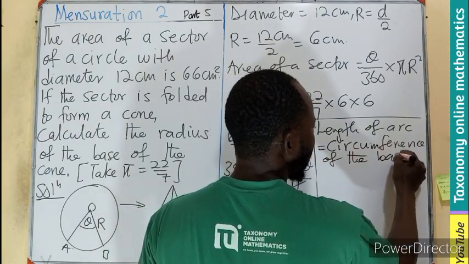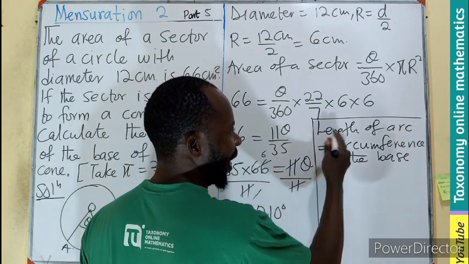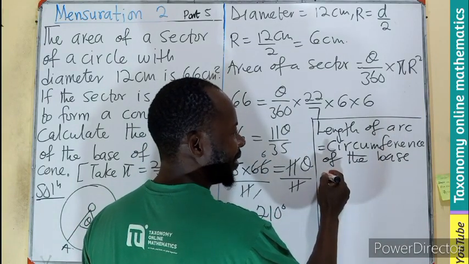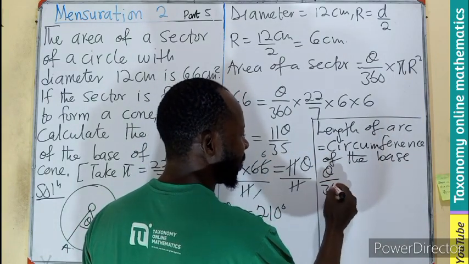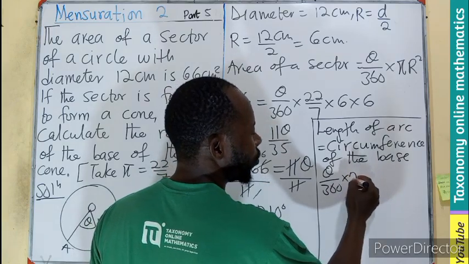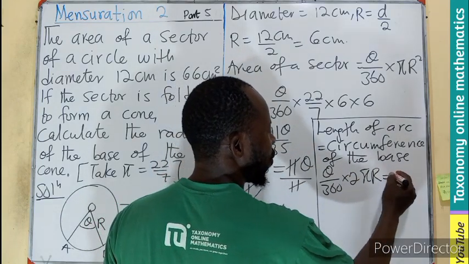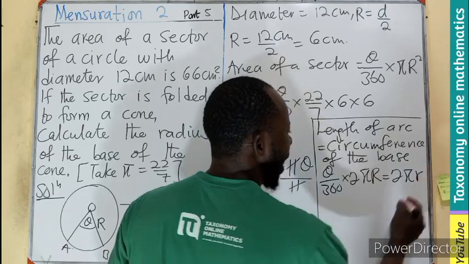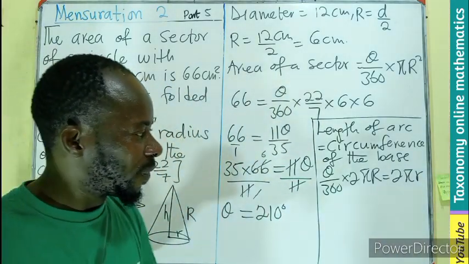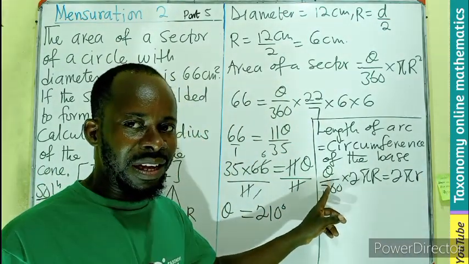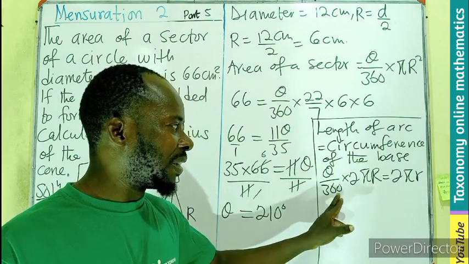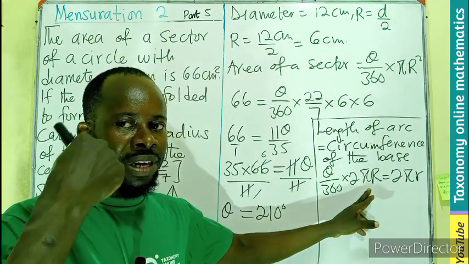The length of the arc is given by theta out of 360 times 2 pi R, equals 2 pi r. Let's take it again. The length of an arc is theta over 360 times the circumference of the circle.